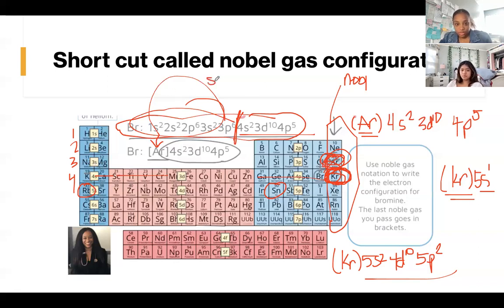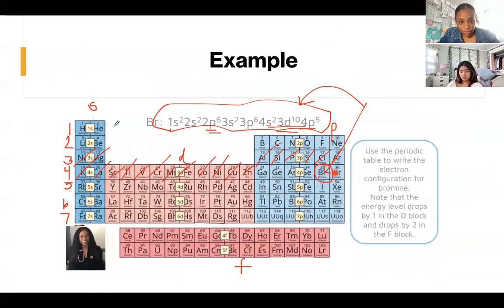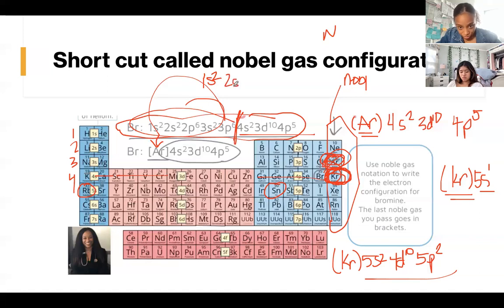I can write out sodium. And for sodium, I would say you have 1s2, 2s2, 2p6, and then 3s1.